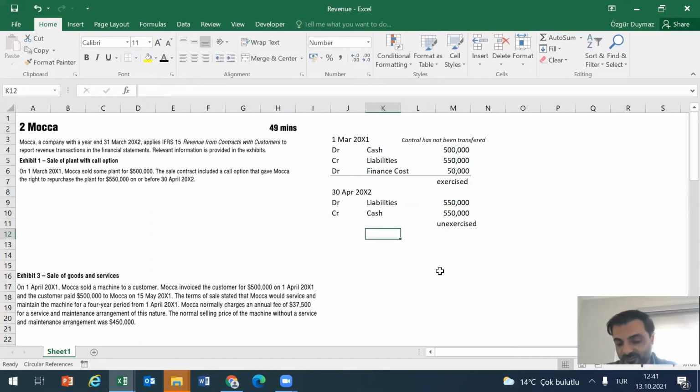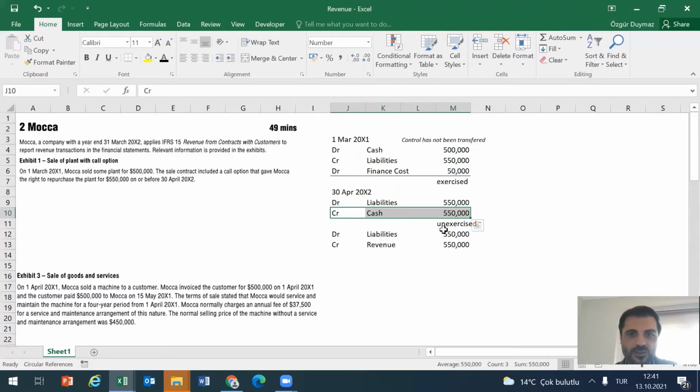It means this is a revenue because the control will be transferred to a third party, which is now a customer. Debit, again liabilities. And credit should be revenue. Okay, I hope it's very clear.